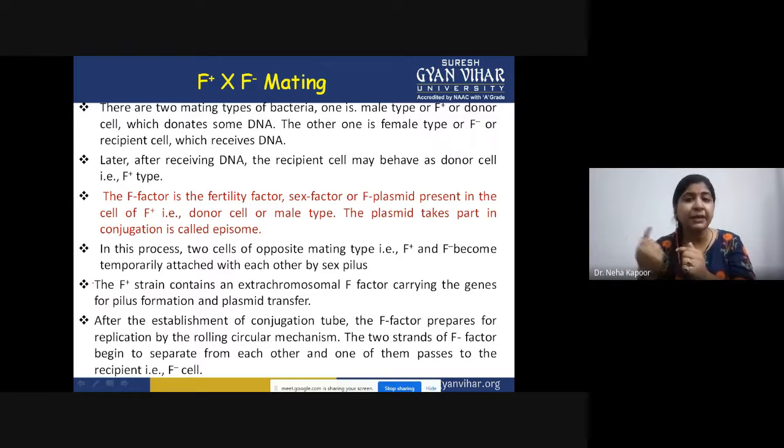The F plasmid prepares for the rolling circle mechanism, the two strands of this F factor begin to separate from each other, and one of them passes to the recipient cell.